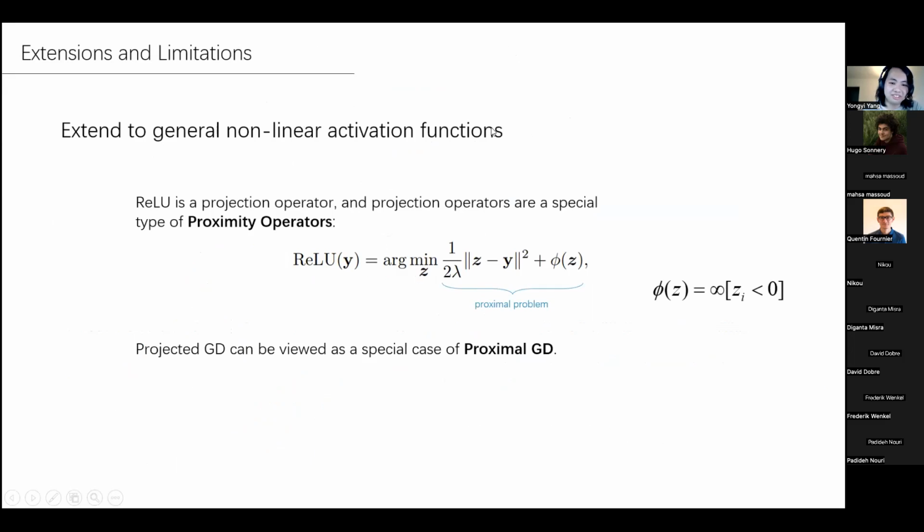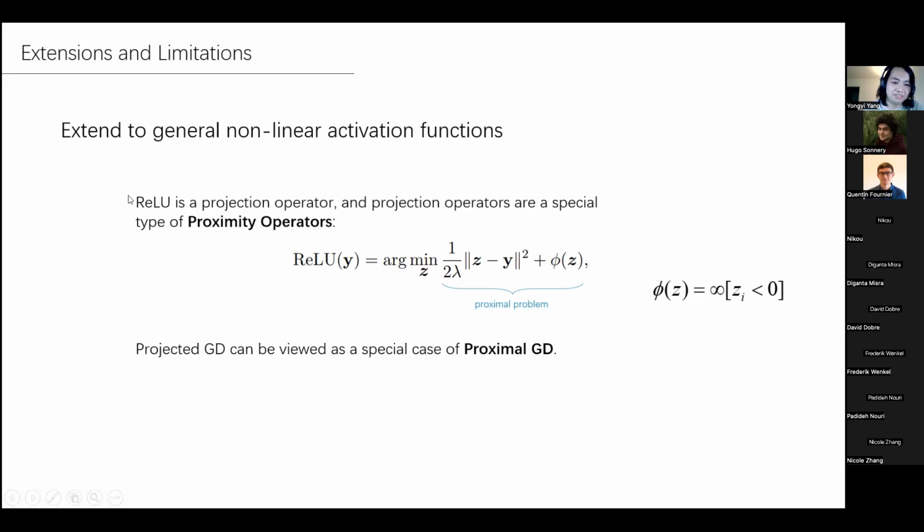One extension is that, as I said before, the technique we use to derive the ReLU function is to view ReLU as a projection onto a specific set. One problem is whether we can generalize it to other activation functions, because other activation functions are not all projection operators.